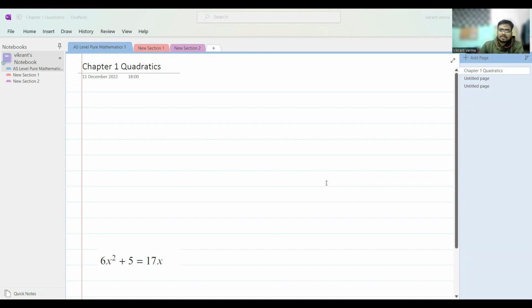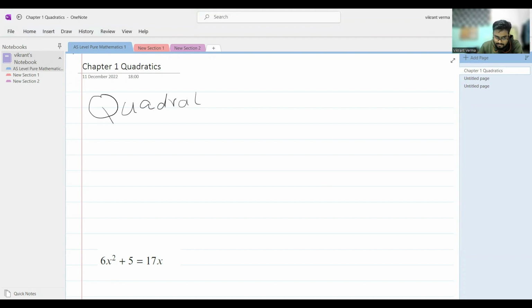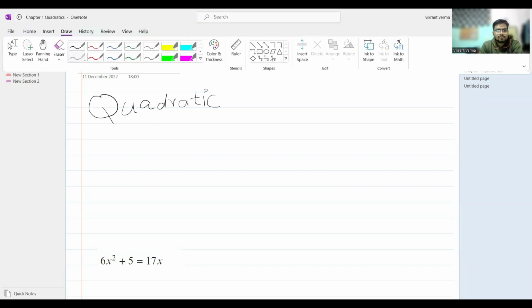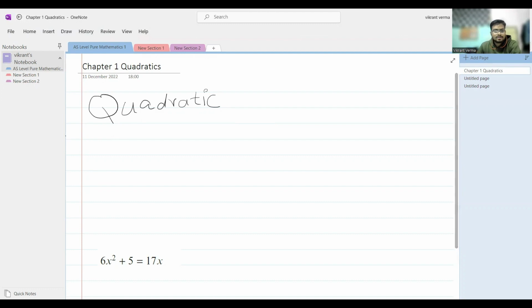As you can see, the topic that we are studying is quadratics. In mathematics, quadratic equations actually come from a large family, and that big family is known as polynomials.